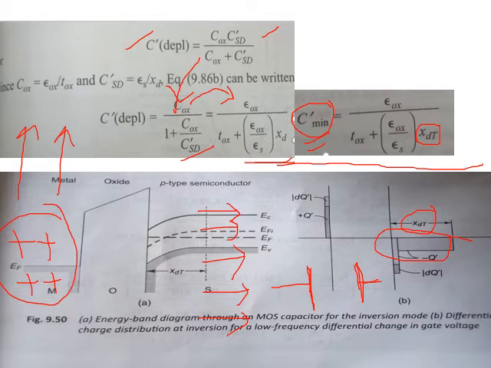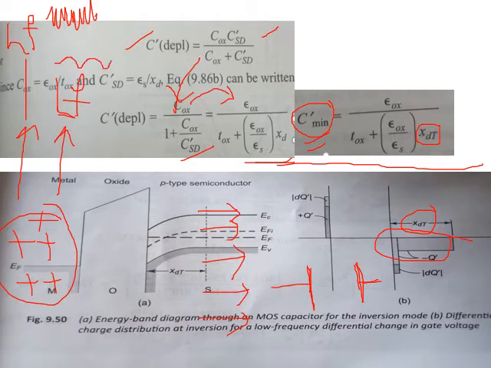If I increase the potential very quickly, that indicates high frequency. High frequency means the change in signal is very fast. And if I increase this positive potential slowly, then it comes under low frequency. That means slowly I am changing the potential, correct?